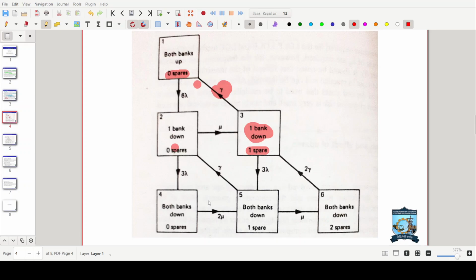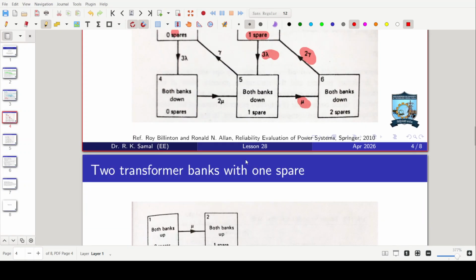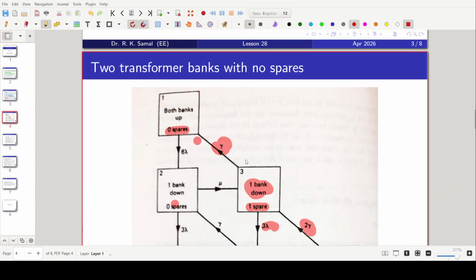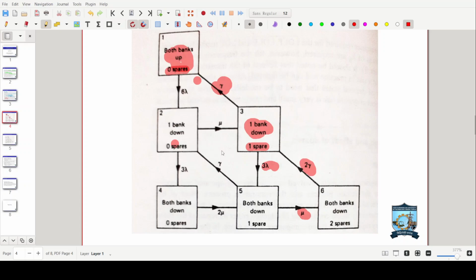Like that you have various states which you need to connect using the failure rate, the repair rate, and the installation rate of the spare gamma, so as to obtain this full state space diagram. Here in the first state there were no spares.